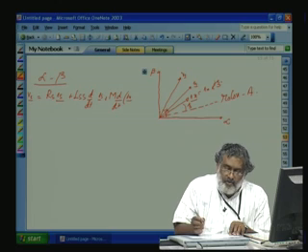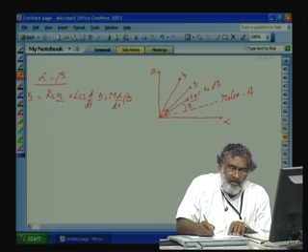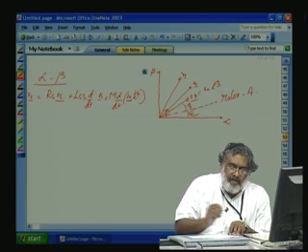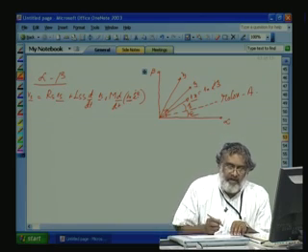We want to bring it to the stator axis, so this Ir space vector we have to multiply by e raised to j epsilon. So, the angle is increased now. This is our epsilon.